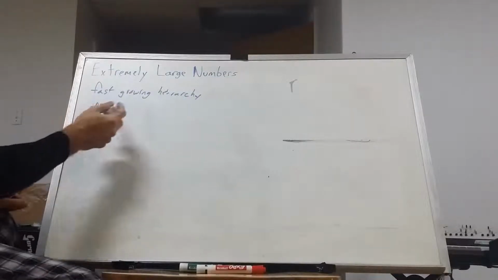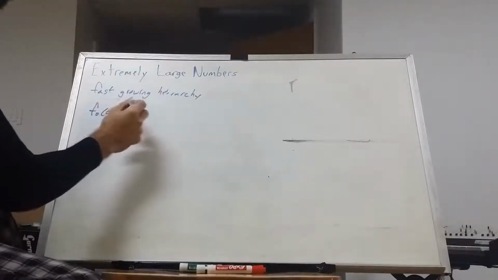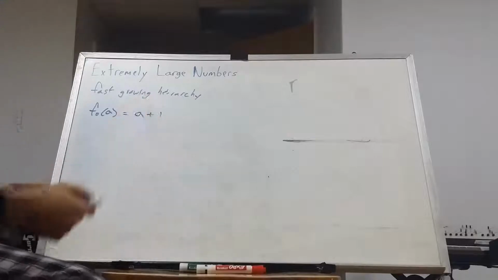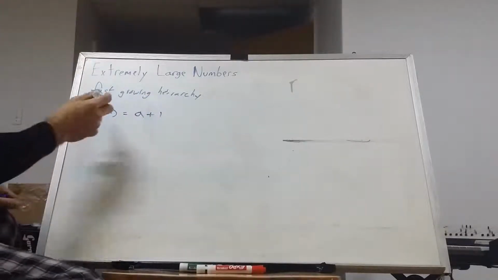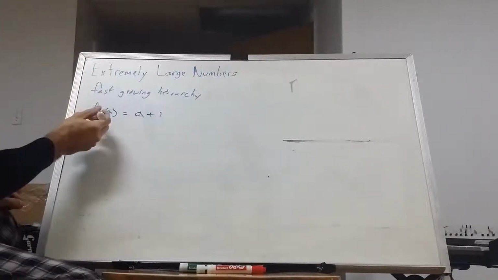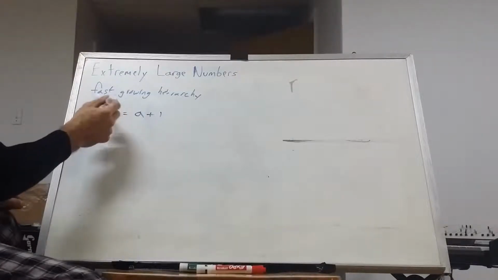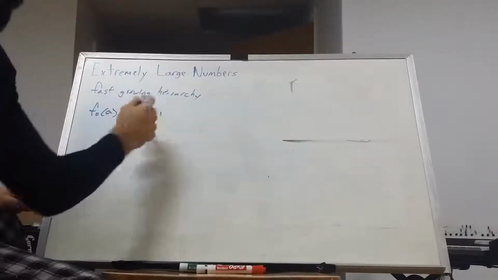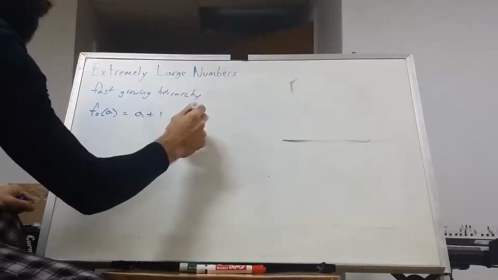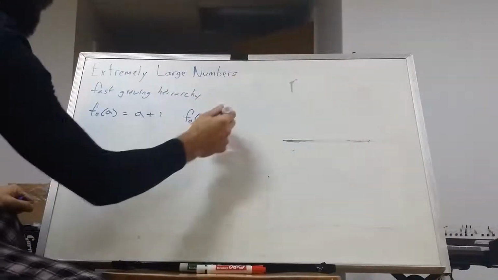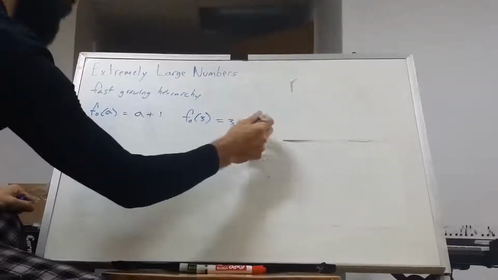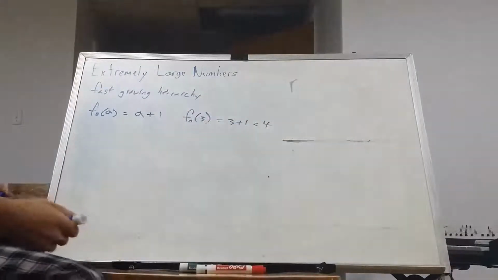So when you have this function here, all this is you take a plus 1. That's what this does. So anything you plug into here, the f0th function just takes this number and adds 1 to it. So if I were to have like f naught of 3, it's going to be 3 plus 1 equals 4. So simple, simple, simple.